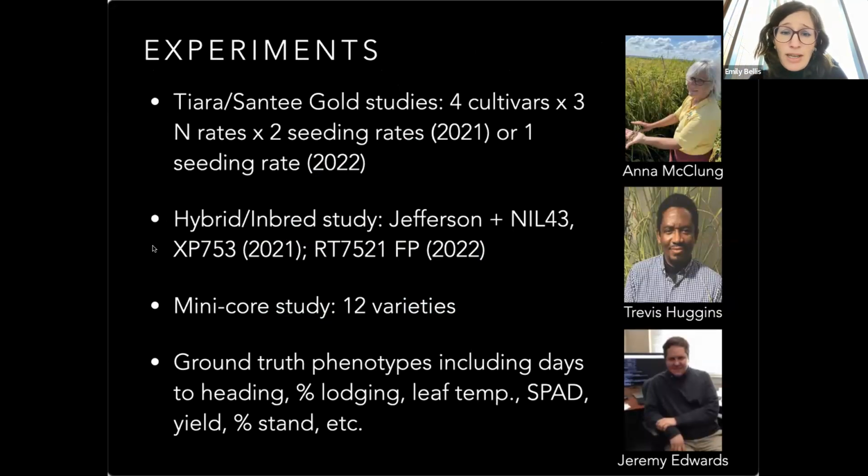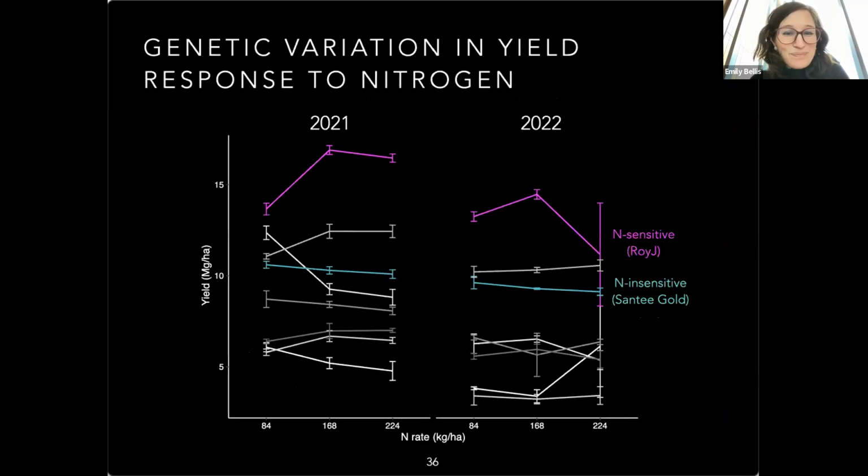We also had a hybrid inbred study, a few accessions from the mini core, and then our colleagues at USDA collected a lot of phenotype data for ground truthing, including days to heading, percent lodging, leaf temperature, SPAD, yield, and many other things.